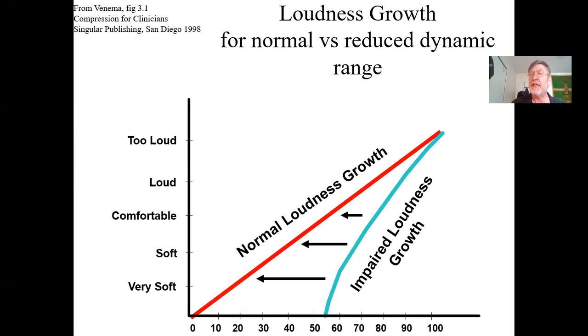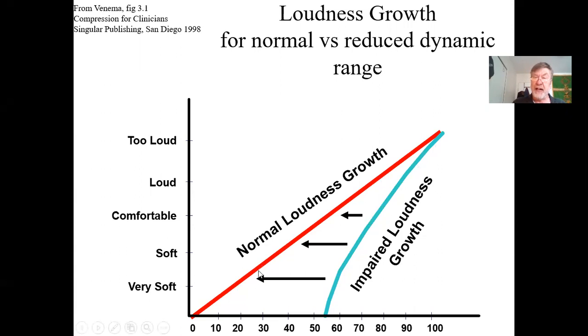R-E-C-R-U-I-T-M-E-N-T. Recruitment. It means that loud or intense inputs are heard just as loud by normal hearing people and those with sensory neural loss. Now, this person has mild to moderate sensory neural loss, so look what the hearing aid has to do for him.